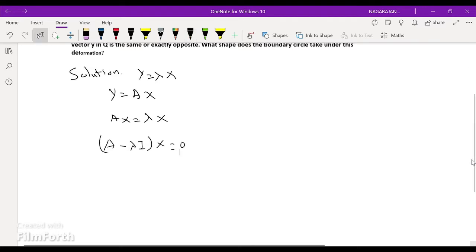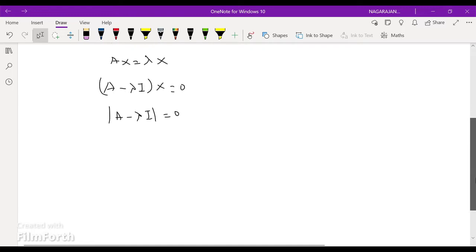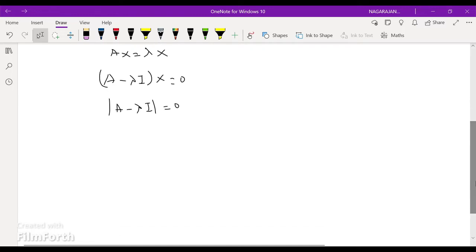Since this is a nontrivial solution, the determinant of A minus lambda I equal to 0. So we need to find the characteristic equation of the given matrix. The matrix A equals [3, 3/2; 3/2, 3].